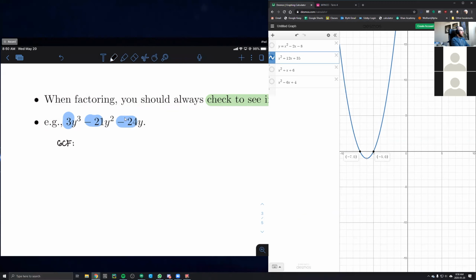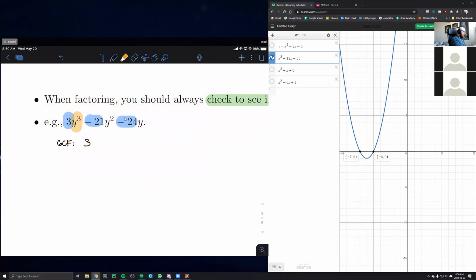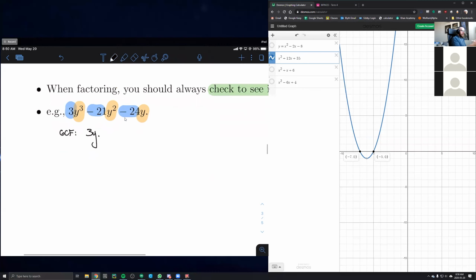Greatest common factor, 3, negative 21, negative 24? 3. 3, yeah, thank you. So 3. And then we also look at the variables, right? So we notice that we have y cubed, y squared, and y. And so each of those contain a y, which means we can also factor out a y. So our greatest common factor is 3y. And so I'm going to factor out a 3y.